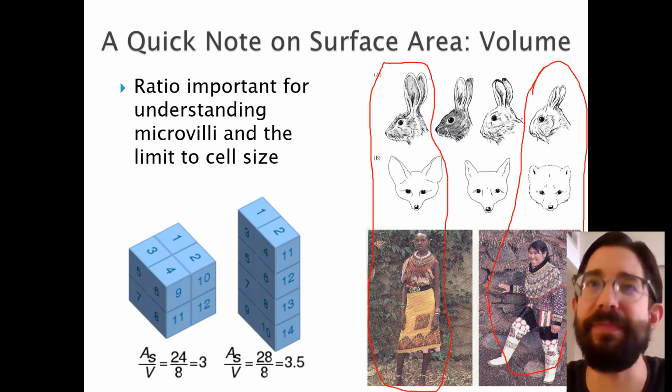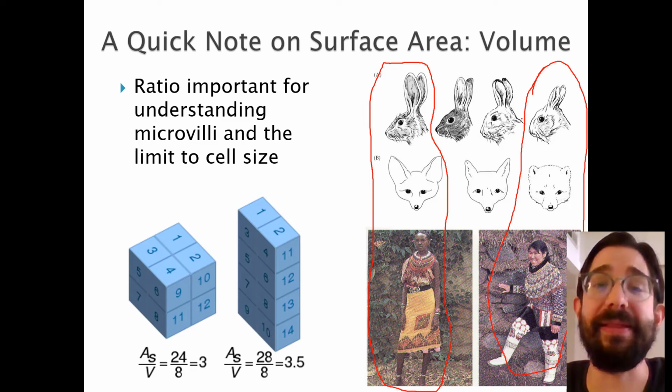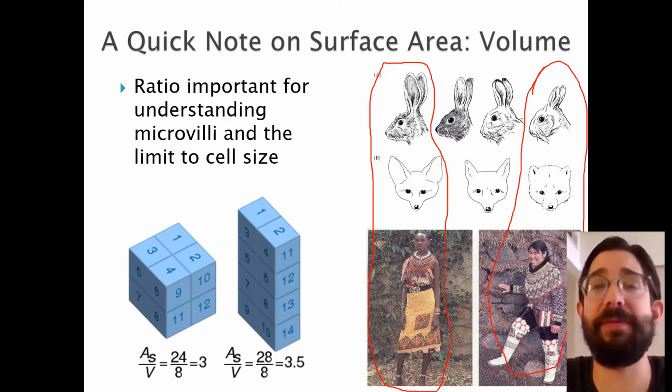Arms and legs, or ears and limbs, are going to be different sizes, and that's really trying to assist with thermoregulation.